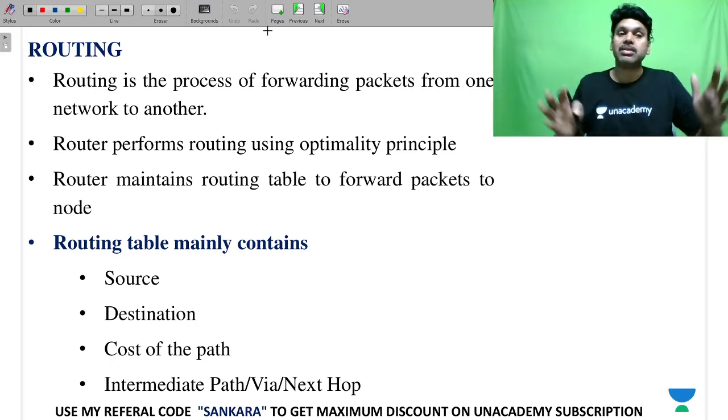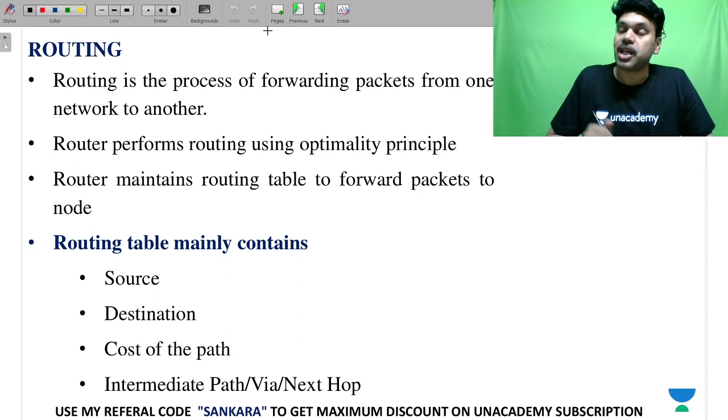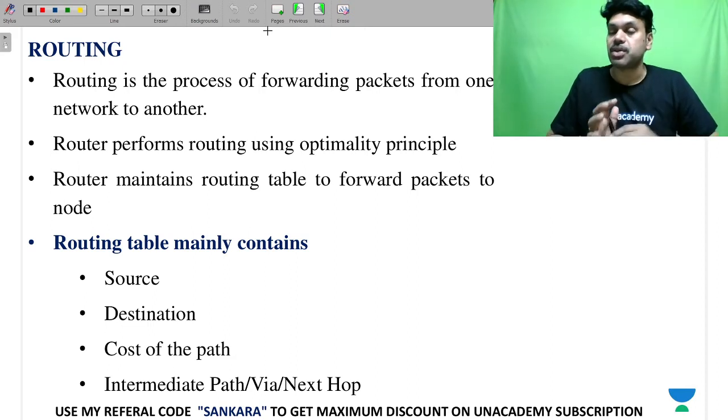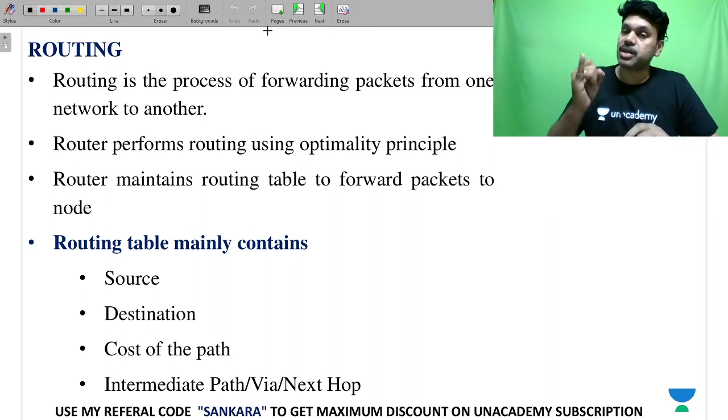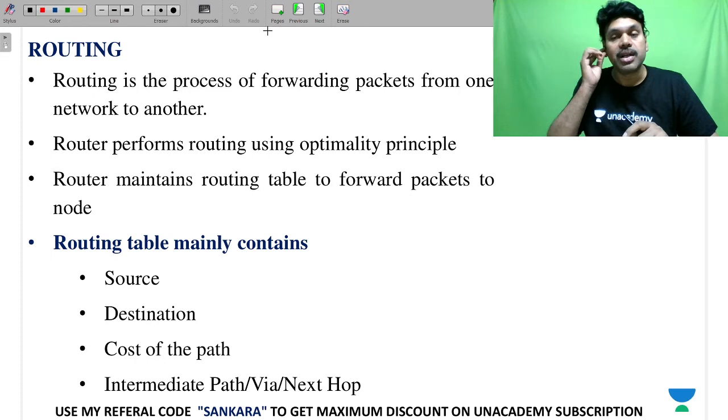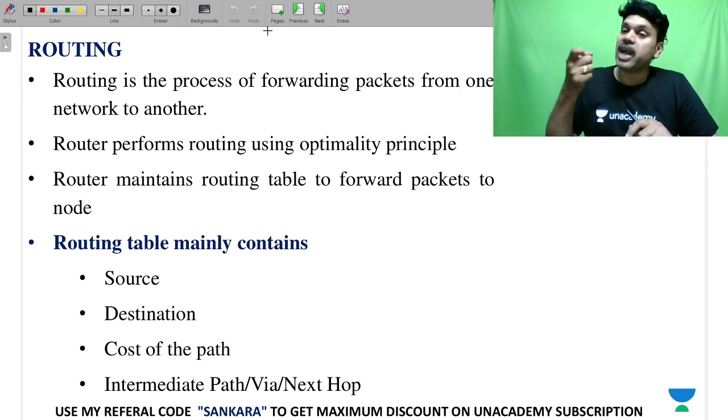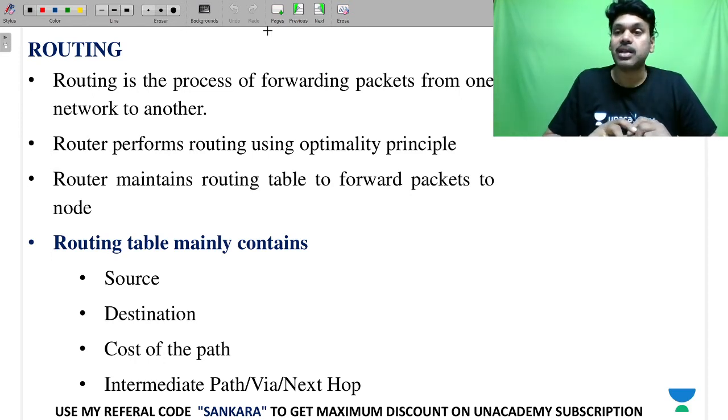Your routing table mainly consists of source address, destination address, and the next hop router, next link. It looks at the next link and the cost of that particular link to go to the receiver.